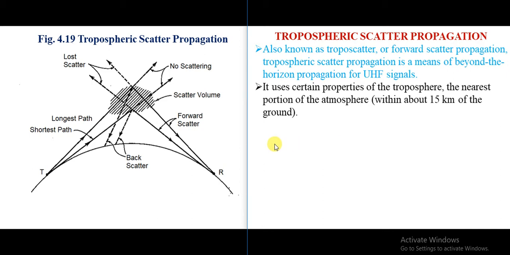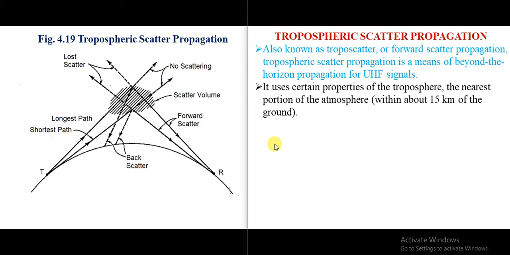So it uses certain properties of the troposphere. The troposphere is the nearest layer of the Earth's atmosphere, around just 15 kilometers from the ground surface. Now this troposphere, in some small portions, gets ionized because of the radiation of the sun.